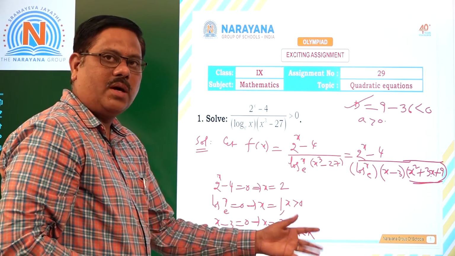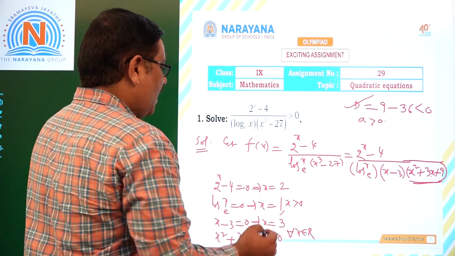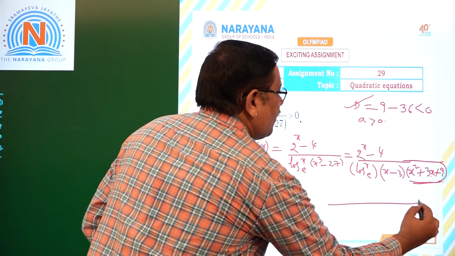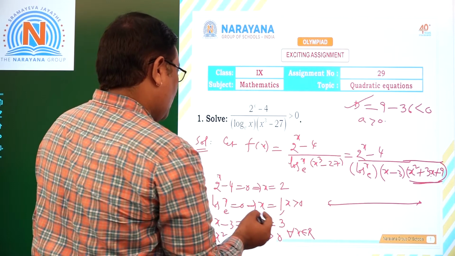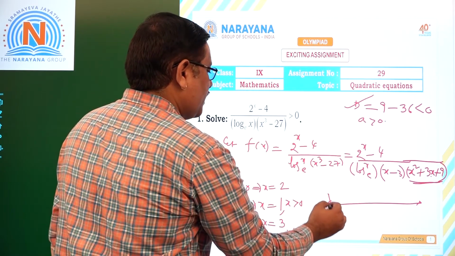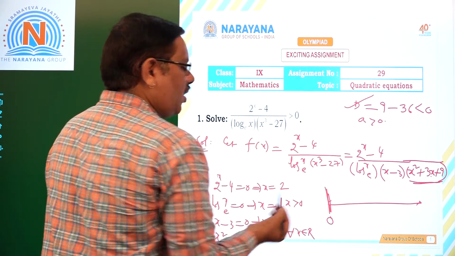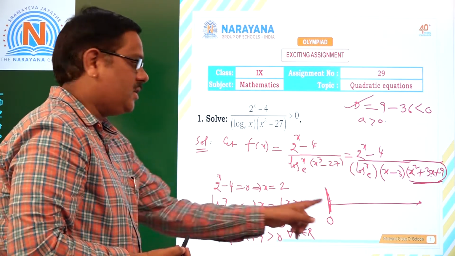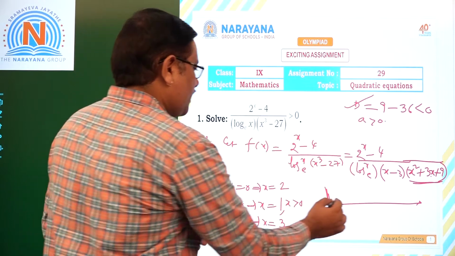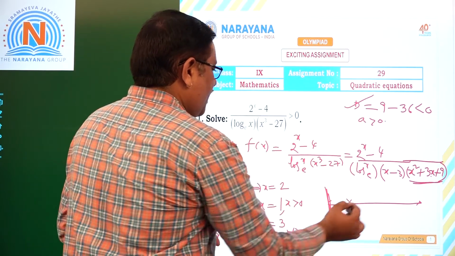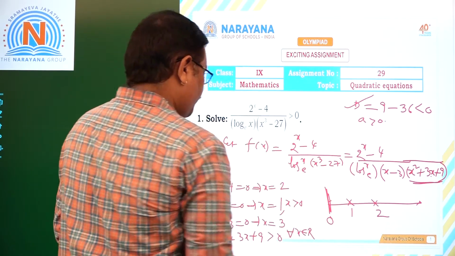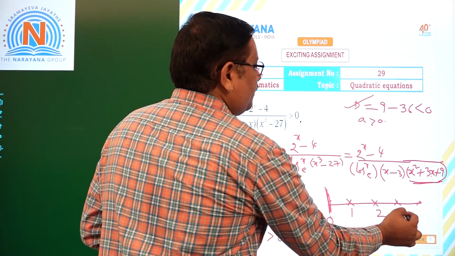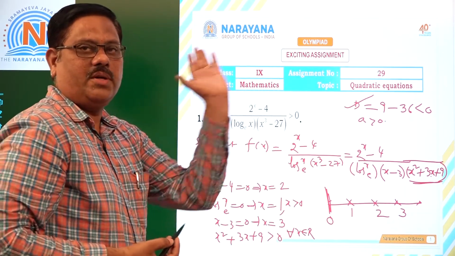Now if you plot these points on the number line, what are the critical points here? Here 0 is a restriction. You cannot go beyond 0 because log x function is not defined if you go beyond 0. Next first critical point 1, next critical point 2, next critical point 3. These are the critical points.